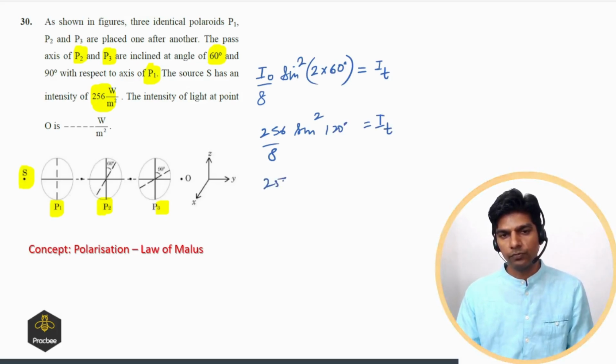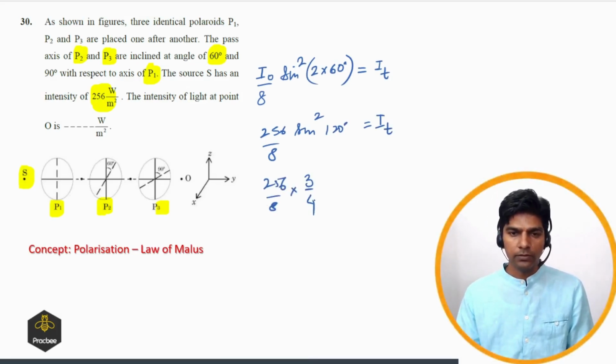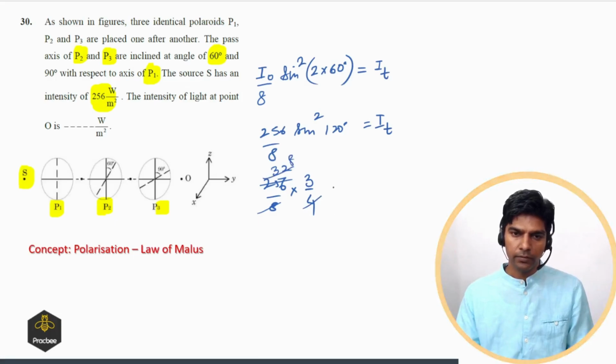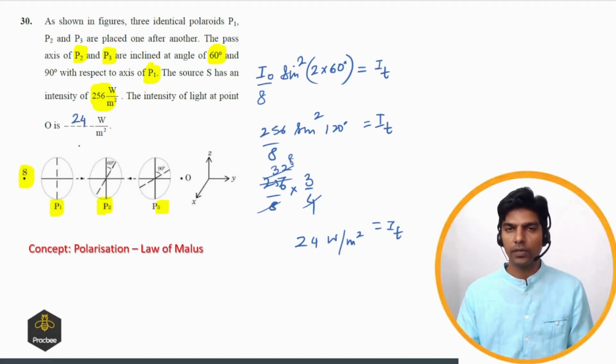So this will be 256 by 8 times 3 by 4. So this will give us 32, and this will give us 8. So this comes out to be 24 watt per square meter. So that is the transmitted intensity. So 24 is the answer of this question.